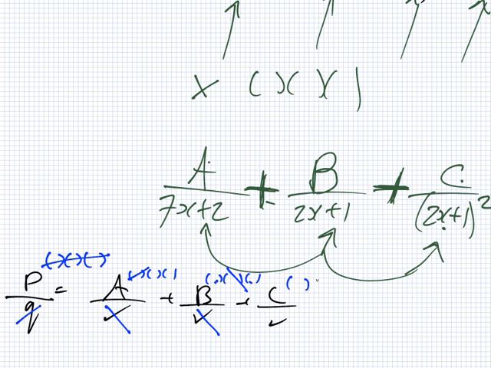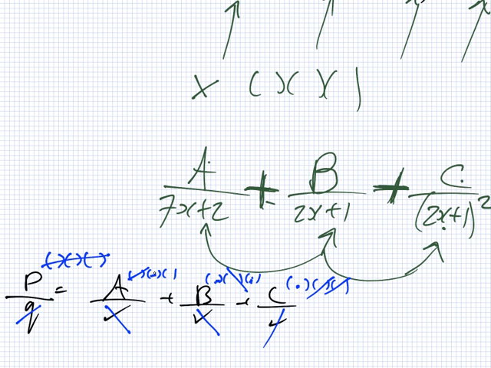It's a square, so only that one cancels, but 2x plus 1 is there. Here there's 7x plus 2. Here there's 7x plus 2 and 2x plus 1. And here there's 2x plus 1 squared.